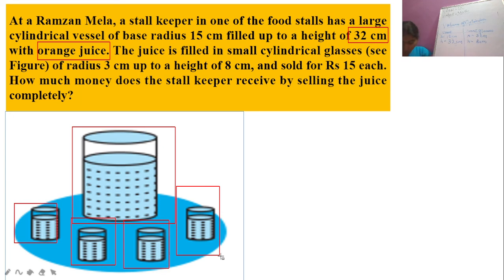Now he sold one small glass for 15 rupees. So how much money does the stall keeper receive by selling the juice completely? If he sells all the juice to the people, how much money will he get at last?